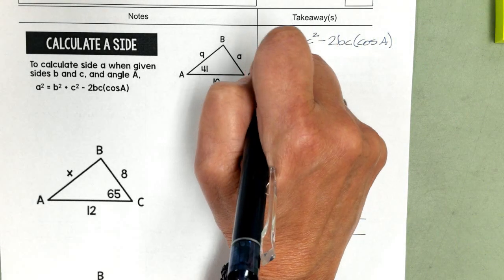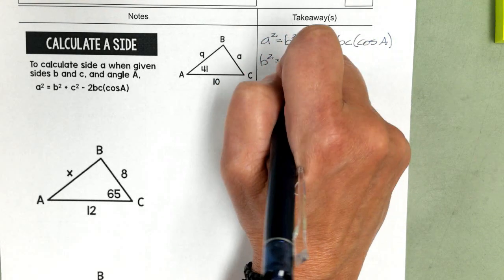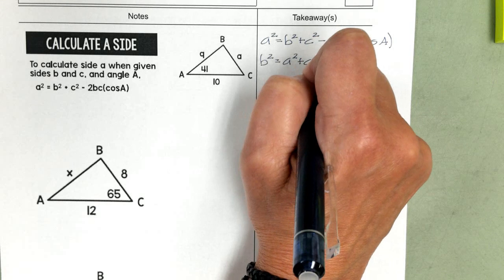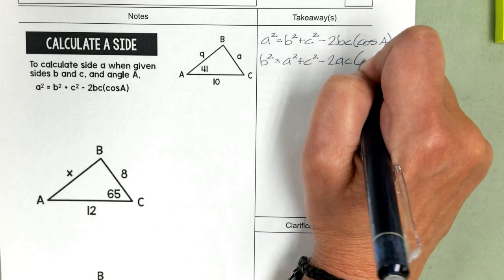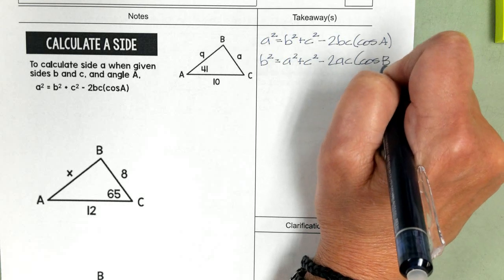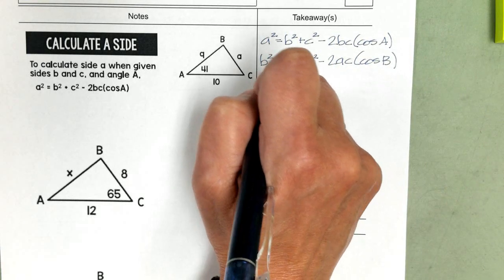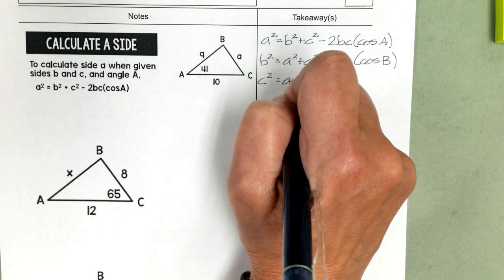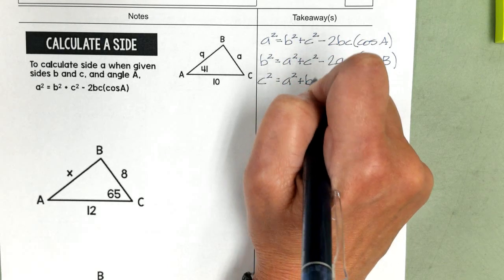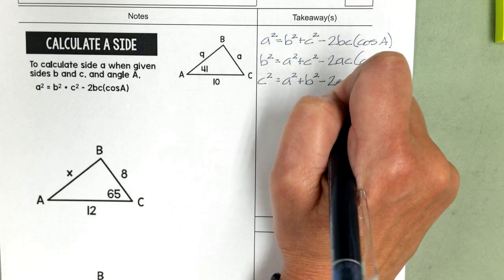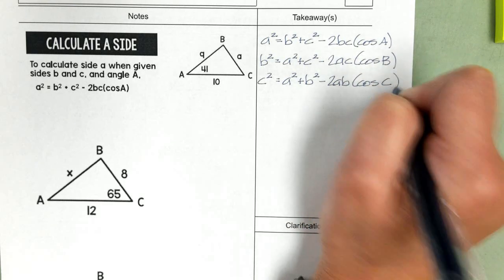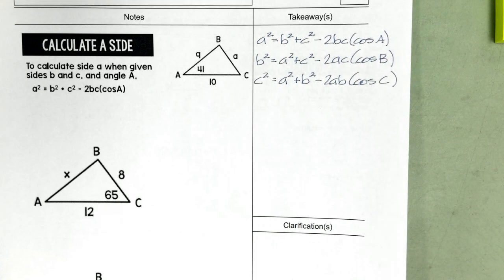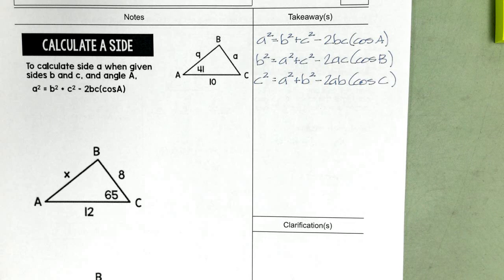So if I want to find B, B squared equals A squared plus C squared minus 2AC cosine B. And C squared equals A squared plus B squared minus 2AB cosine C. So you have those written out depending on what side you're looking for.